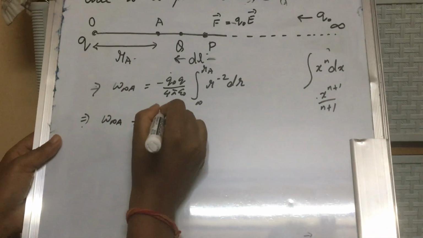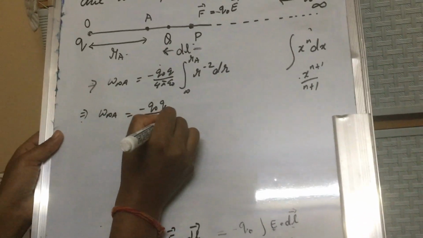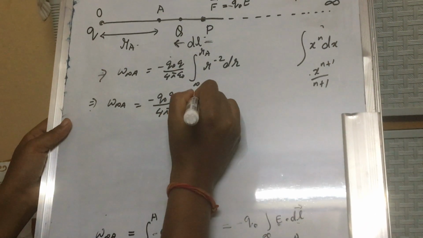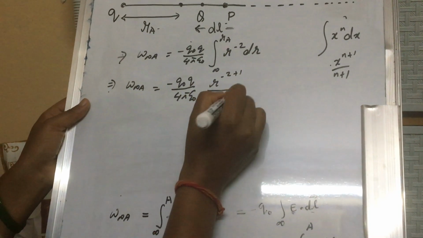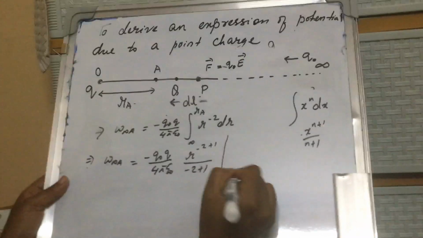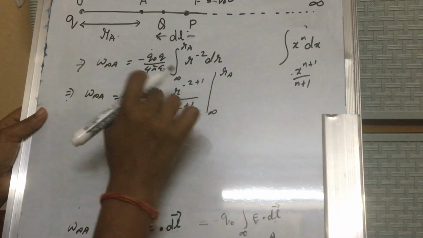Now I will integrate it with the 4 pi epsilon naught. If we integrate, it is n plus 1, so r to power minus 2 plus 1 by minus 2 plus 1. Here the limits are fixed, so we are just going to put the limits on the variable.